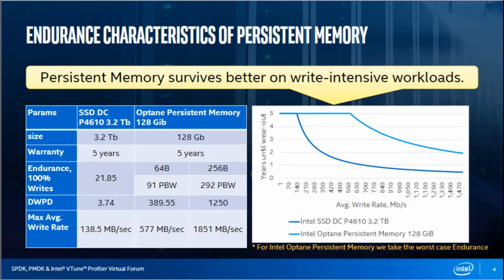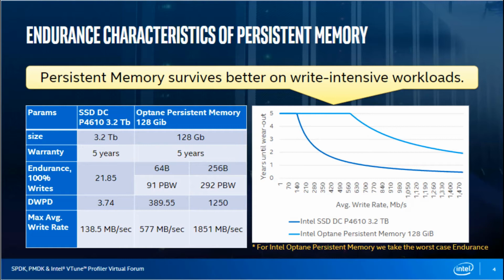And on the last row, I tried to calculate the maximum possible write rate that the storage device can support to be in a good condition for the full warranty period. And as you can see, SSD can support much less write traffic compared to persistent memory devices.